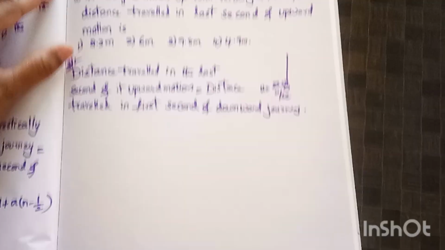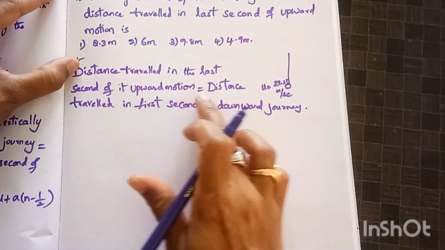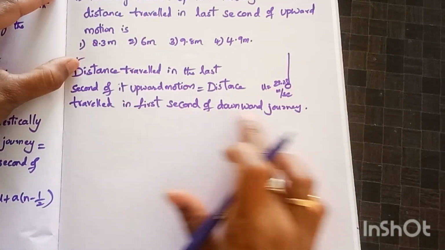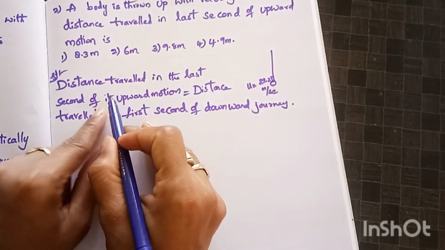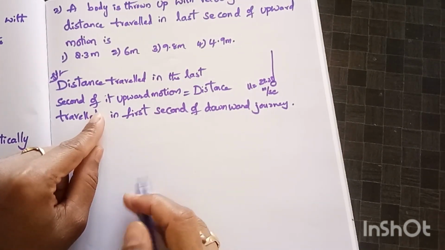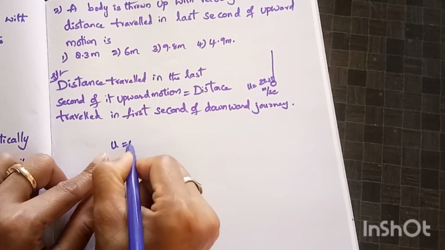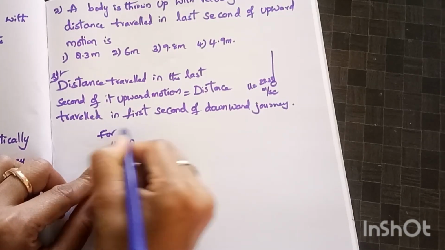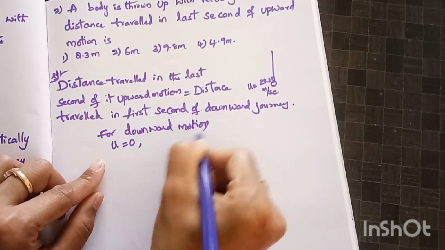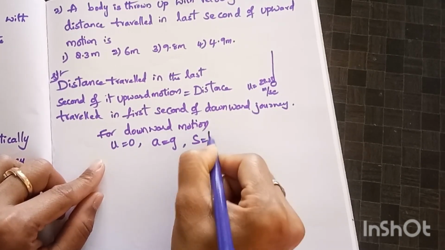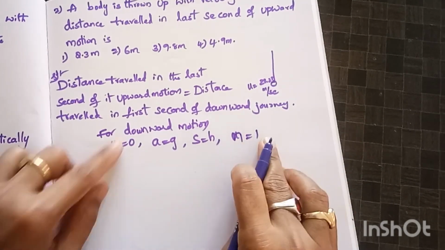So the distance traveled in the last second of its upward motion is equal to the distance traveled in the first second of its downward journey. We don't know the last second of its upward journey, but we know the first second of its downward journey. For downward motion, u equals 0, a equals g, s equals h, and n equals 1, meaning first second.